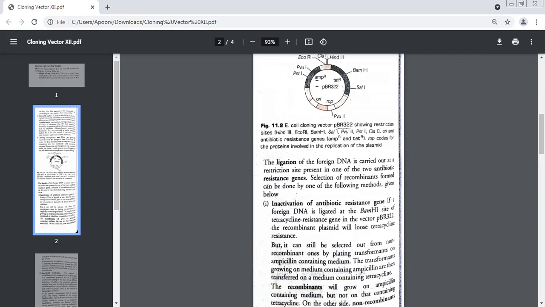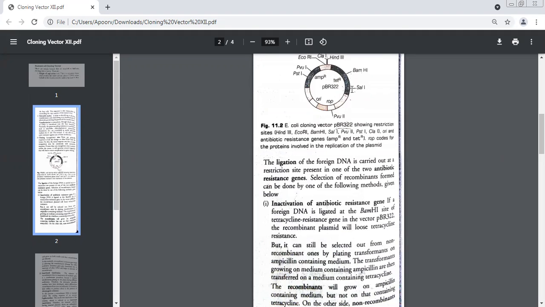And we put all the material that we have. We don't know whether they are transformants or non-transformants. We have to select them. So we took all of them and we are growing them in a medium which contains only one antibiotic. Which antibiotic? Ampicillin.